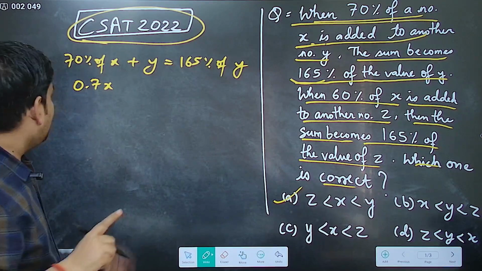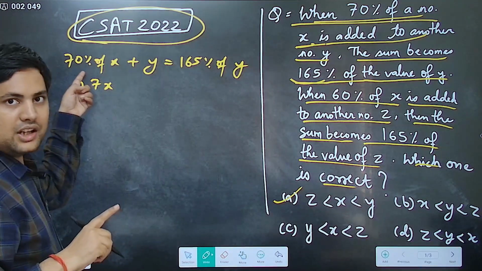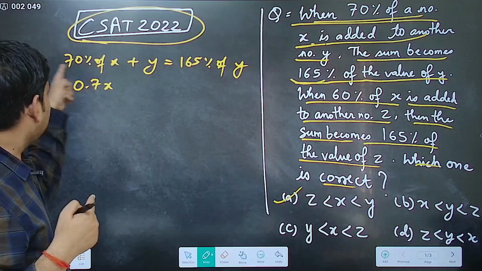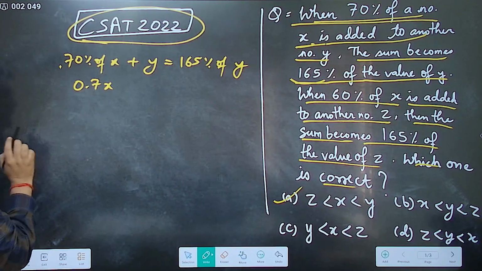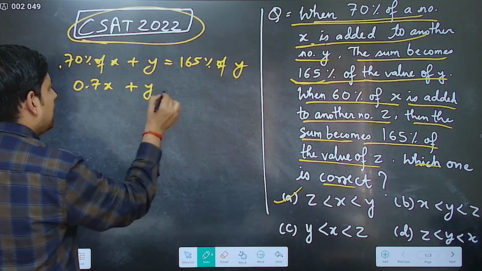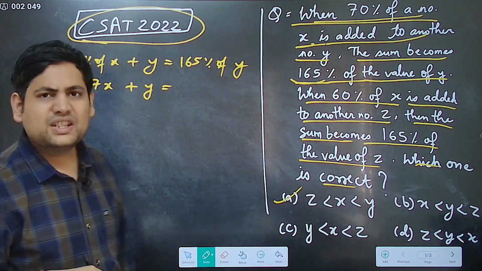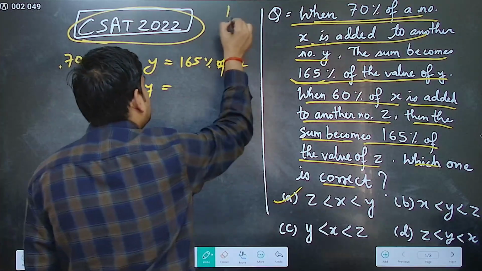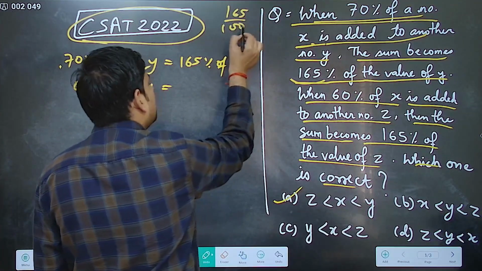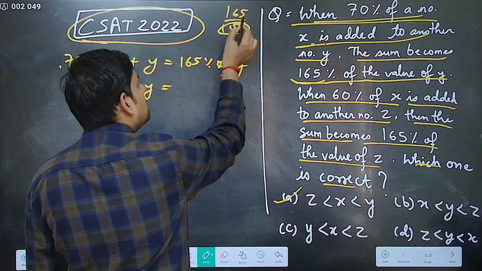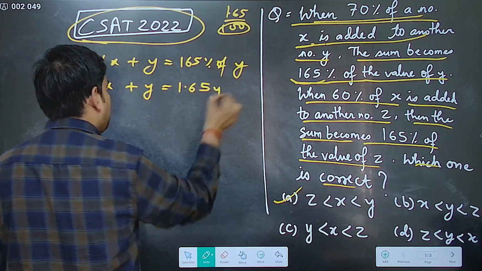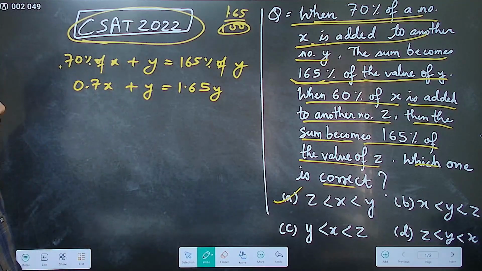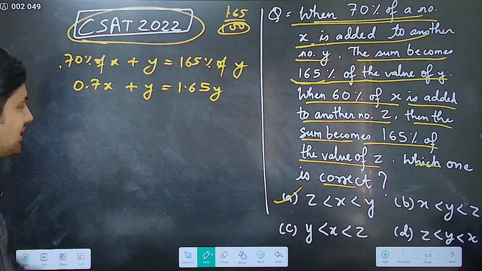Just after 2 you add a decimal because it is being divided by 100. So 0.7x plus y is equal to, here what will you write? 165% will be what? See, 165 divided by 100 again. After 2 you will introduce a dot. So it will become 1.65y.